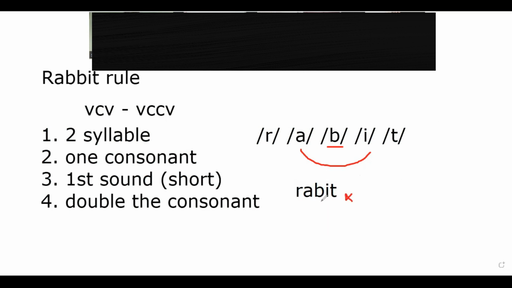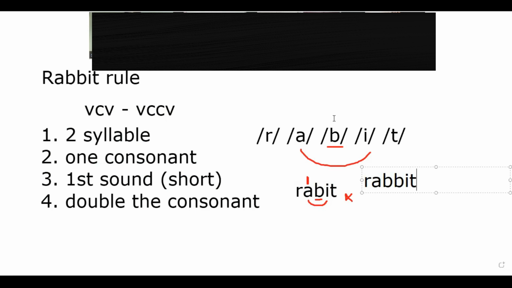So in between the two vowels we are getting one consonant sound, so just check the first vowel sound. The first vowel sound must be short. R, A. A is the short sound of A. So what we can do? We can double the consonant in between as BB.